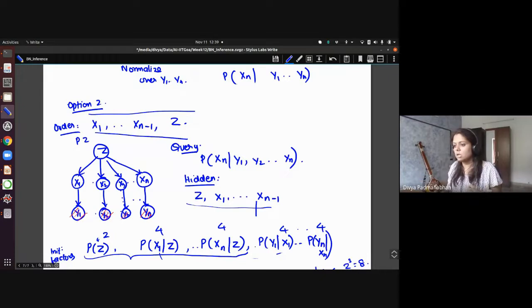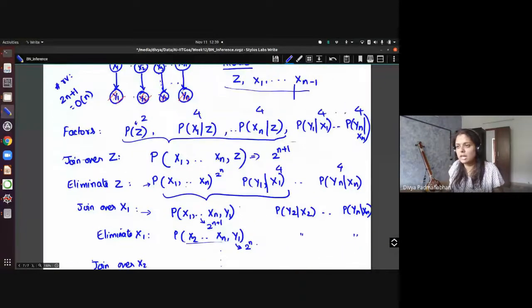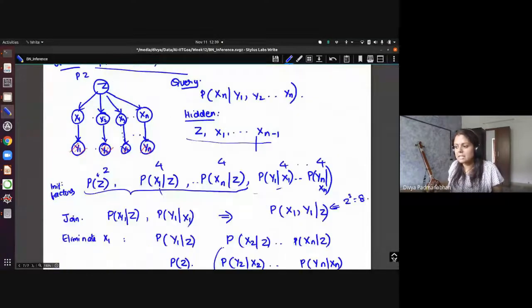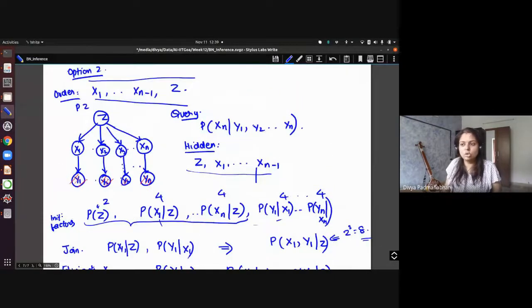So as per this, we did one evaluation with z. If you choose z as the first, what is the new table that you're going to get? You had 2 power n plus 1. Whereas if you chose x1, the maximum size of the table is just going to be 8 for a join. It's the same for all x2 to xn minus 1.